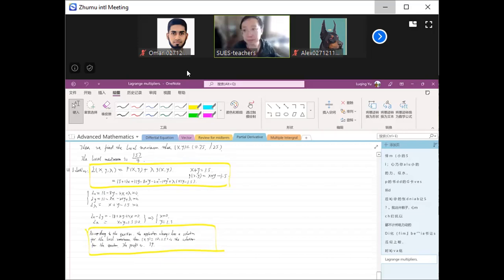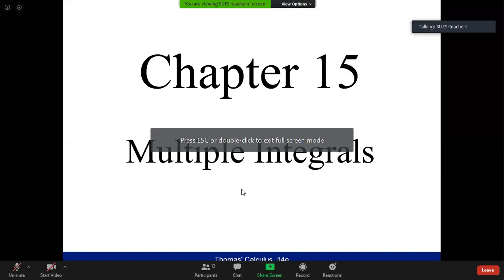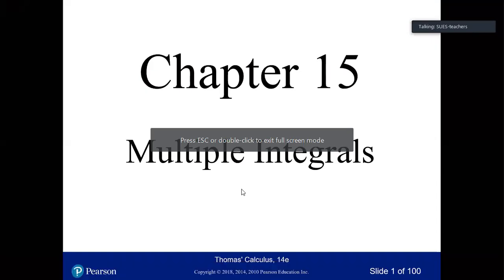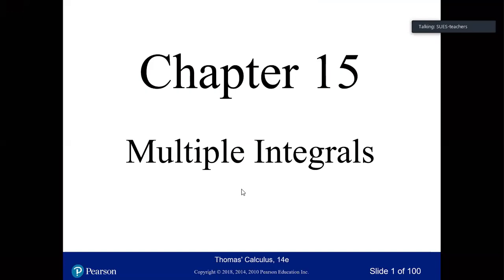Previously, in the last semester, you already had some knowledge of the integral. At that time, I think if Dr. Zhou gave you the concept of the integral, you have to cut the function into very, very small pieces.